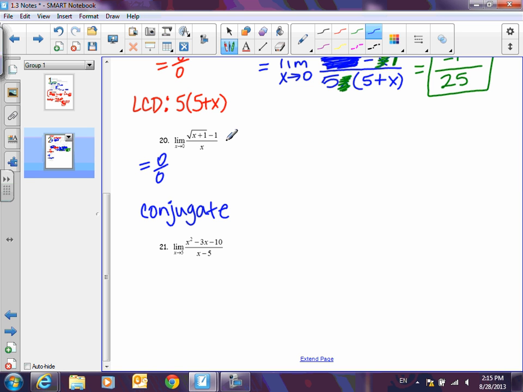All right. So we're going to do the same thing we did up there. We're going to multiply something to the top and the bottom, but it's not going to be the LCD. It's going to be the conjugate of this, right here. So the conjugate's going to be the same square root, but instead of minus 1, it's going to be plus 1. Because this is going to cancel a whole bunch of things out.